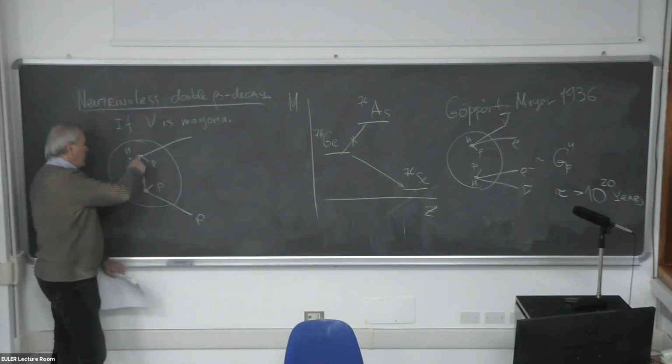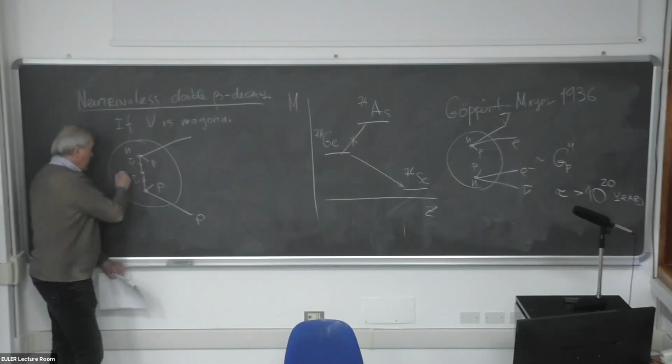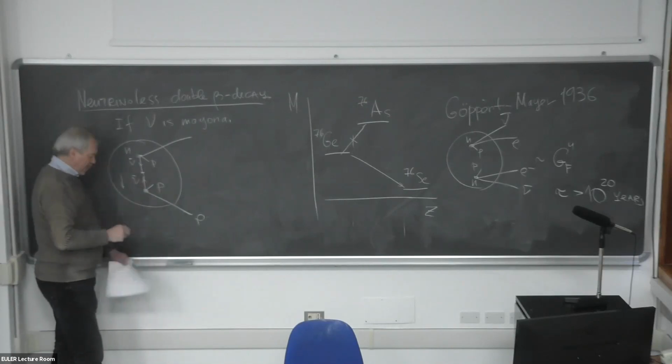Or you can say the following: antineutrino, because it coincides with neutrino, then you have neutrino, which actually is absorbed by neutron and emits electron and proton.